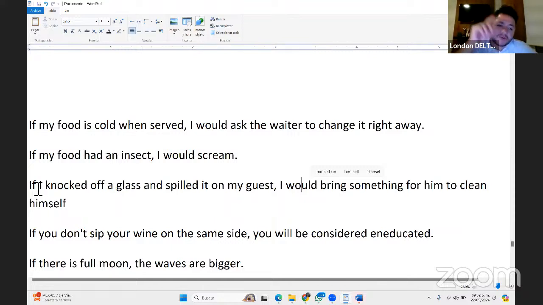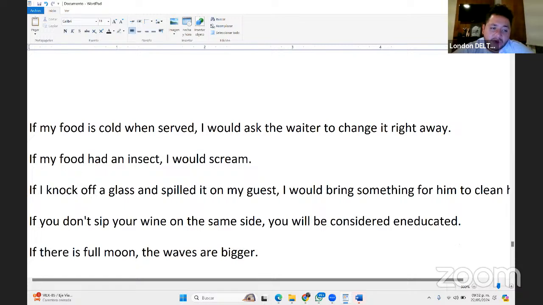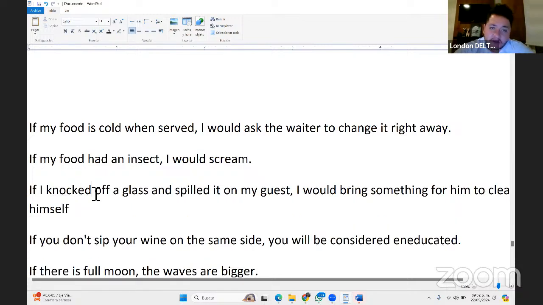So let's continue checking. I just want you to check the verb knock, right? The verb knock is usually like this. You need to add the -ed because it's a regular verb, but the verb knock in the past doesn't imply that the sentence is in the past.